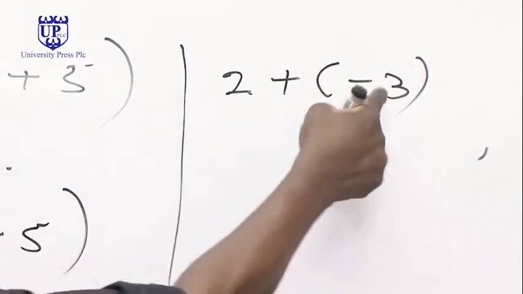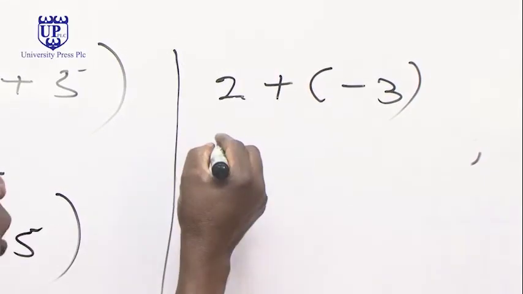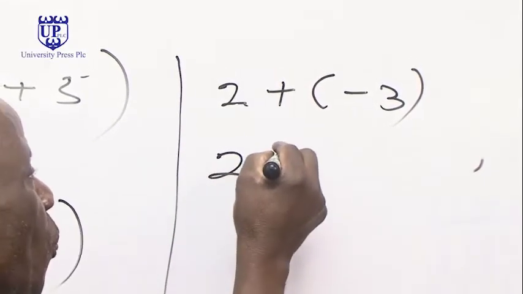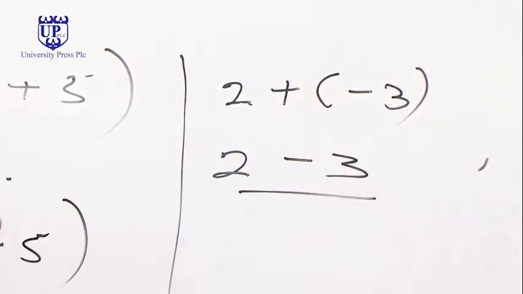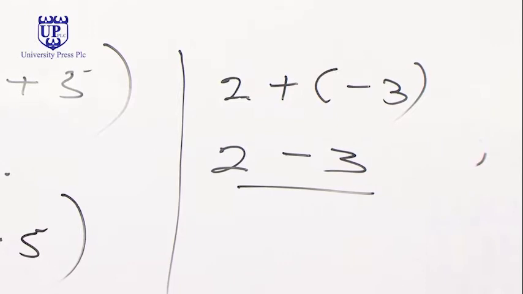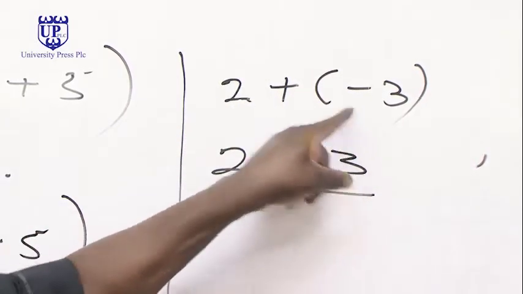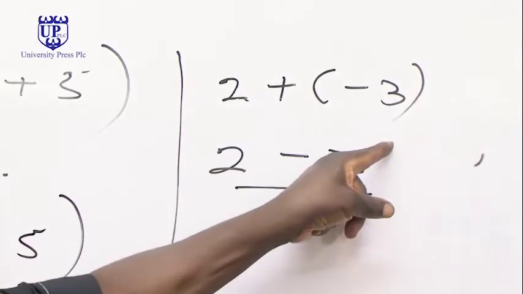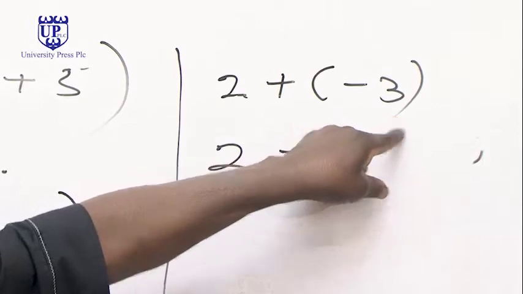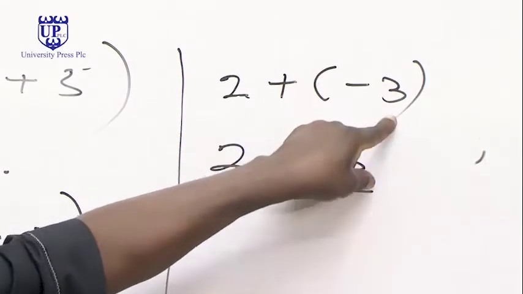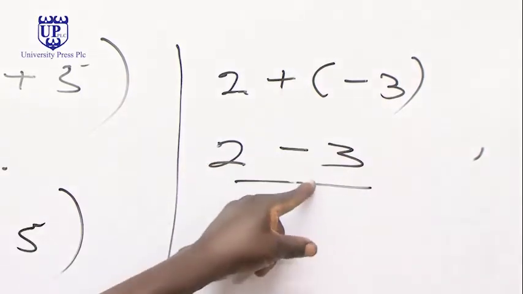Don't say plus times minus, so 2 times 3 is equal to 6. No, this is just the same thing as 2 plus minus 3. Again, don't say because this is plus, this is minus, 2 times 3 is 6. No, this is the same thing as 2 plus whatever is in the bracket, because if you simplify the bracket, it is plus multiplied by minus, which is minus 3.